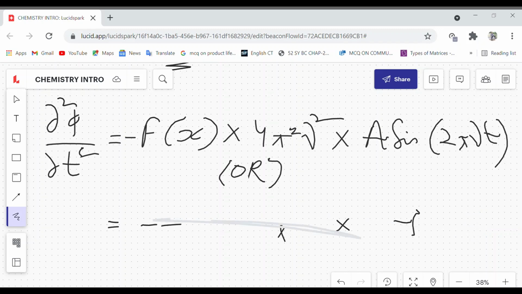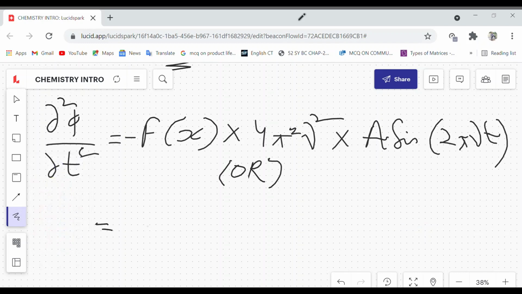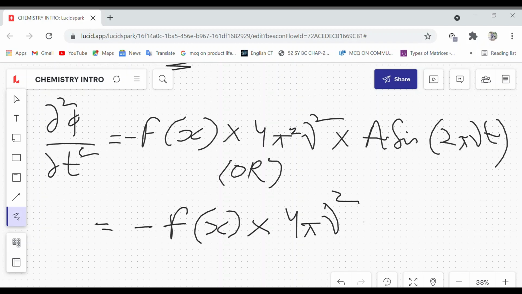Write this properly once again. So this can be written as minus f of x into 4 pi square nu square into g of t. Perfect.